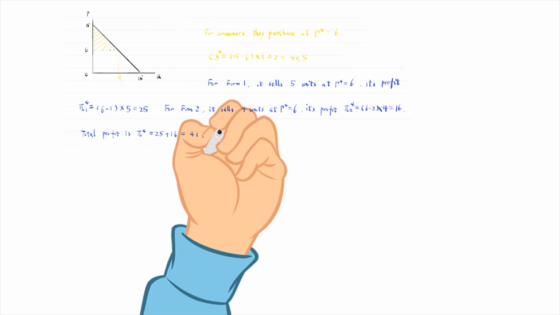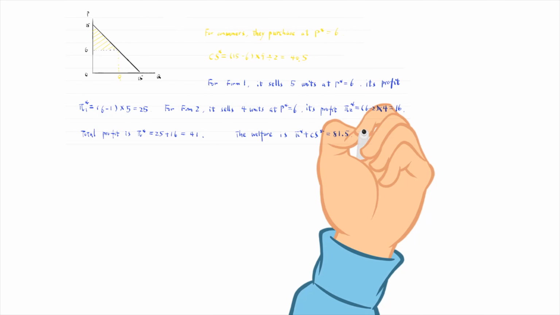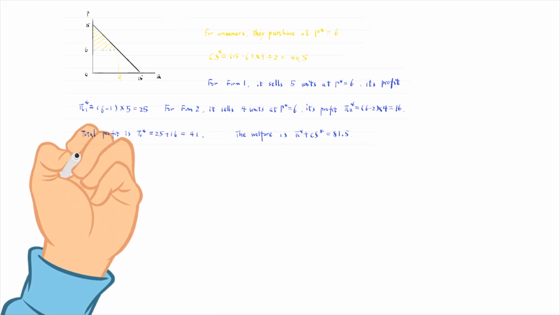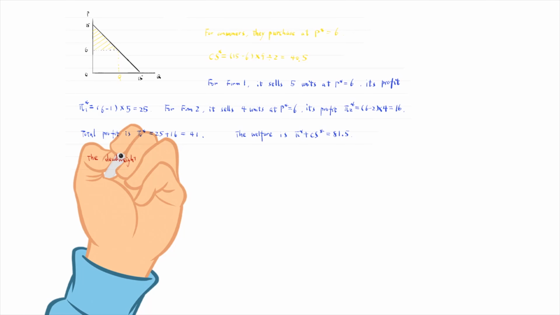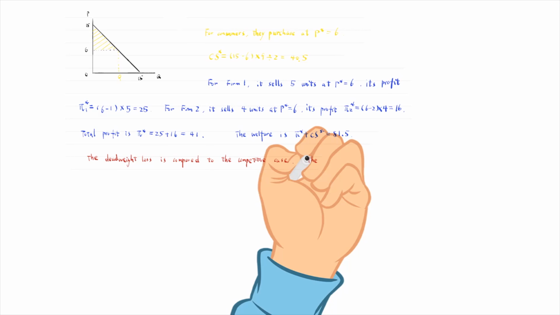The total producer surplus equals the total profit, since we assume no fixed cost. The social welfare is the sum of the consumer surplus and the producer surplus, which equals 81.5. To find the deadweight loss, we need to compare the welfare to the competitive case.